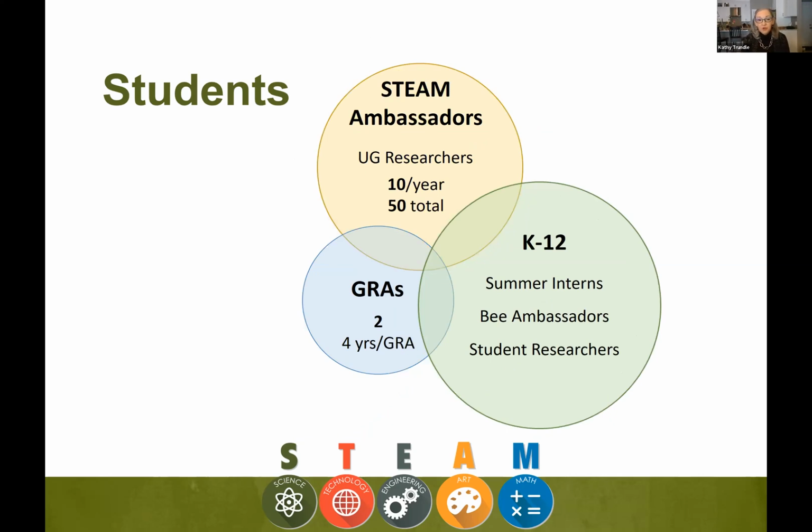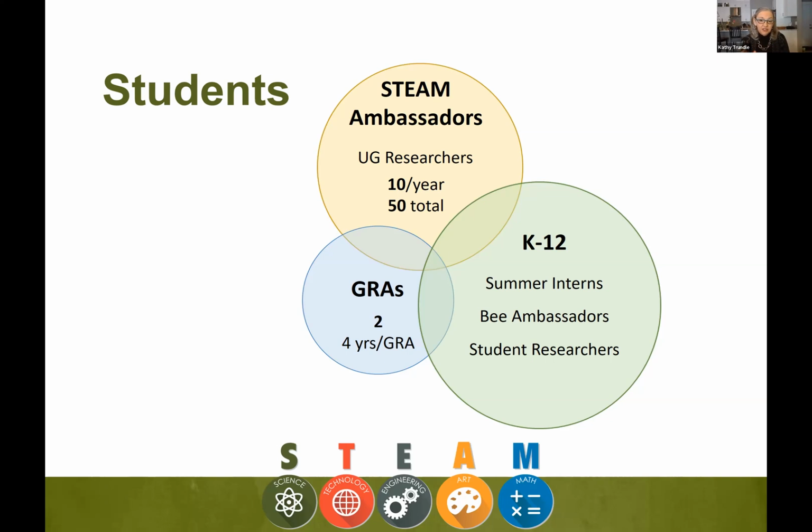Our team also includes students. We have 10 STEM ambassadors in our budget per year. So that's a possibility of 50 different undergraduate researchers throughout the life of the project. And we're going to come back to you and ask you on how we can make sure those STEAM ambassadors interface well with the grazing research.